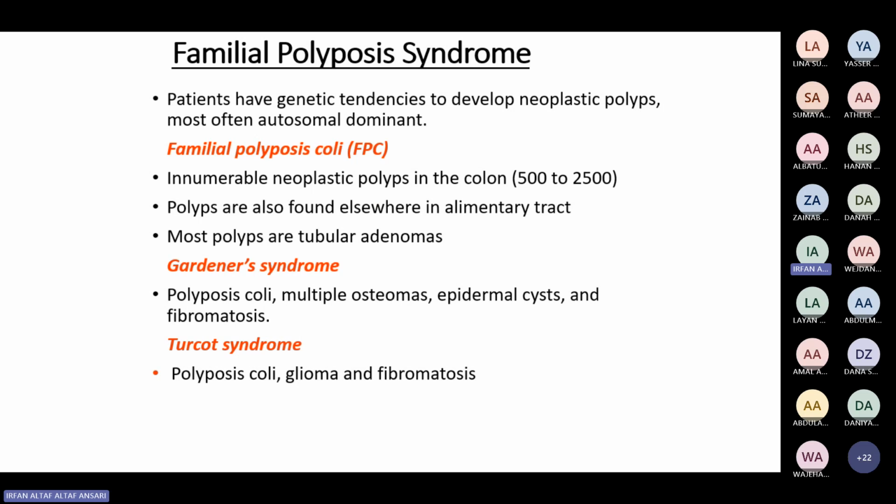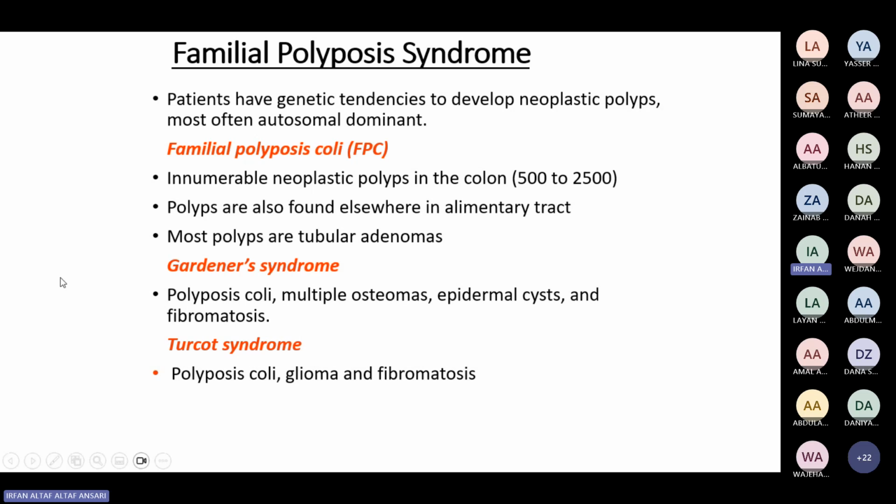Gardner syndrome also, you see multiple polyps in the colon, and the associated malignancies along with this are multiple osteomas, benign tumors of the bone, epidermal cysts, and fibromatosis. Turcot syndrome also, you see multiple polyps in the colon, gliomas, and fibroma.